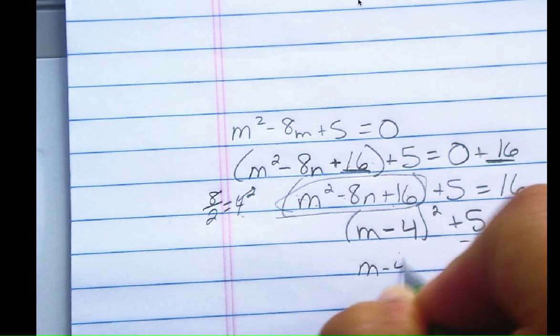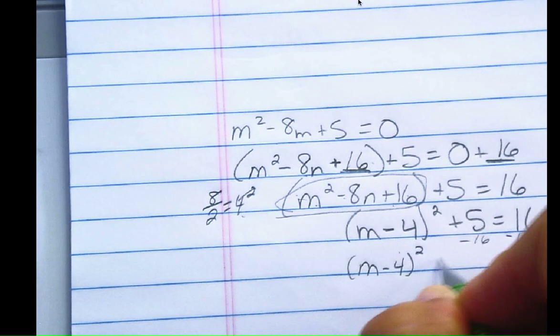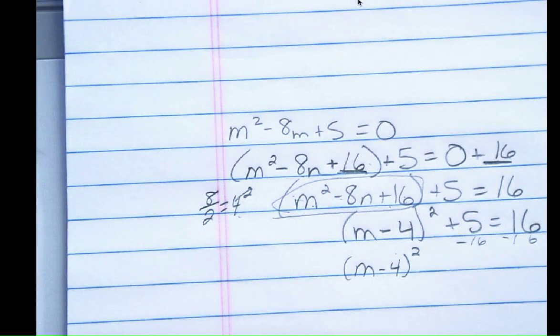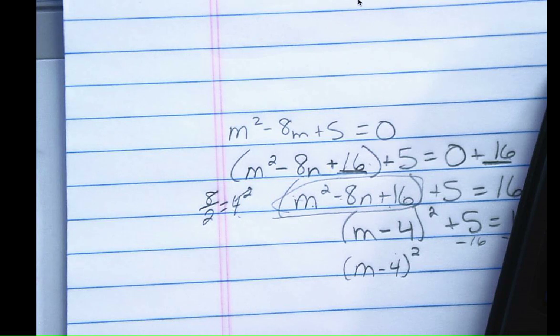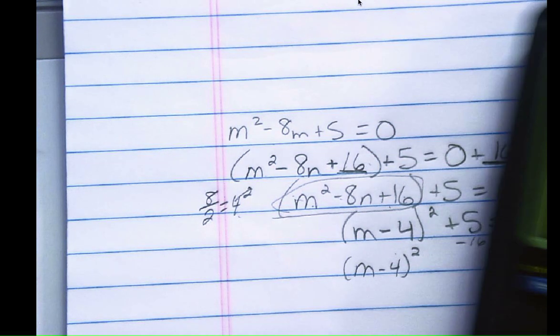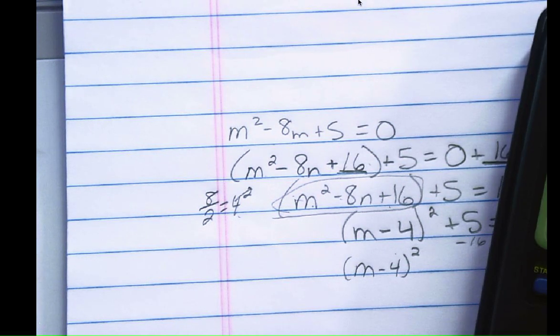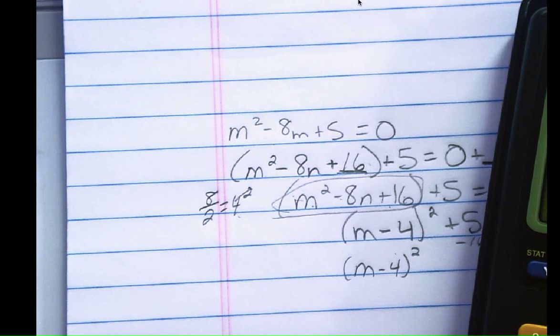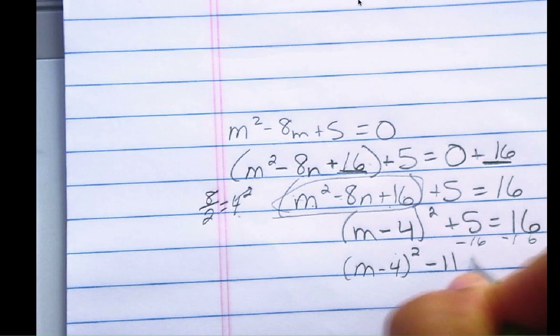So m minus 4 squared, and 5 minus 16 is negative 11 equals 0.